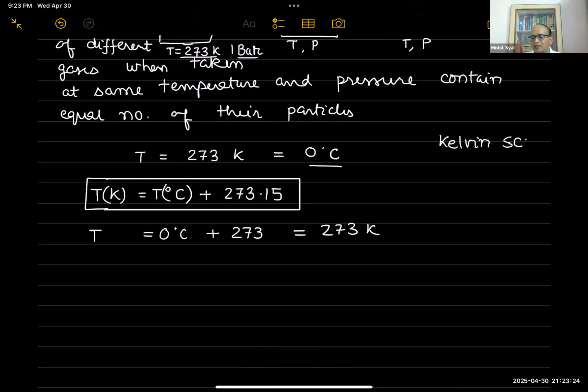Have you understood what it means? It is the absolute scale.